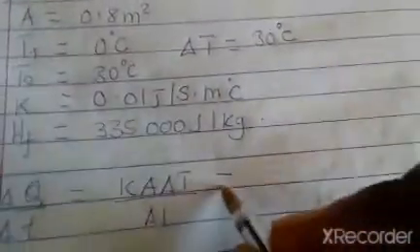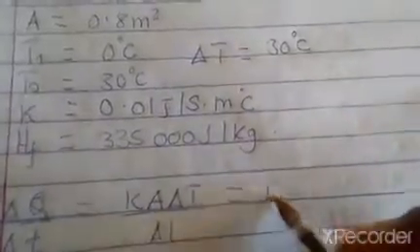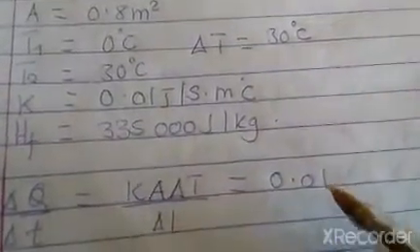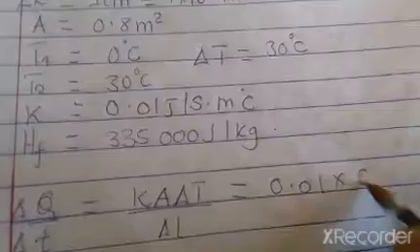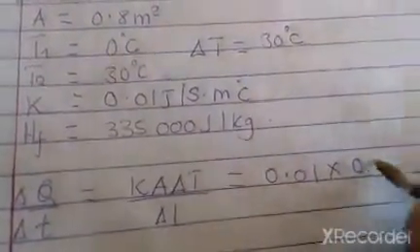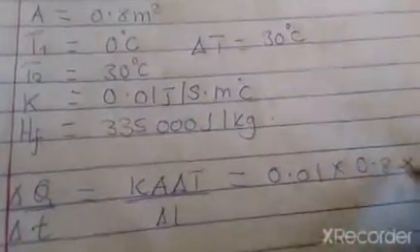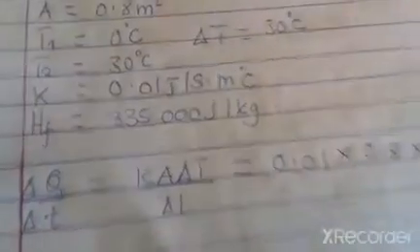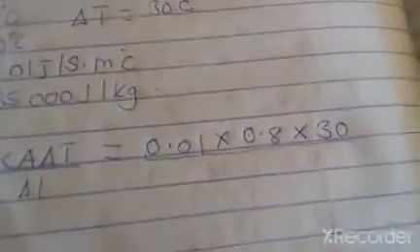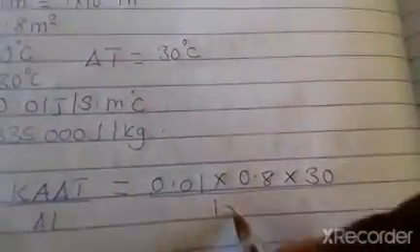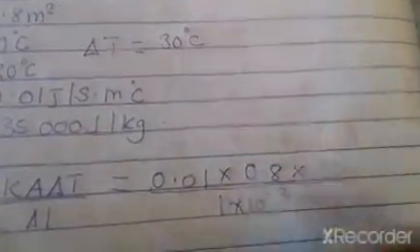Okay, so I'm just going to go ahead and substitute the 0.01 for K times 0.8 for area multiplied by the change in temperature, which is 30 degrees, and divided by the thickness. In this case, the thickness is 1 times 10 to the power negative 2.